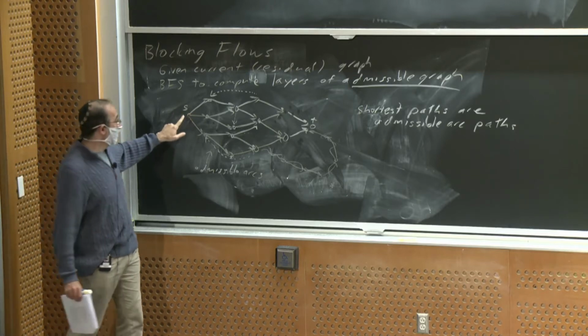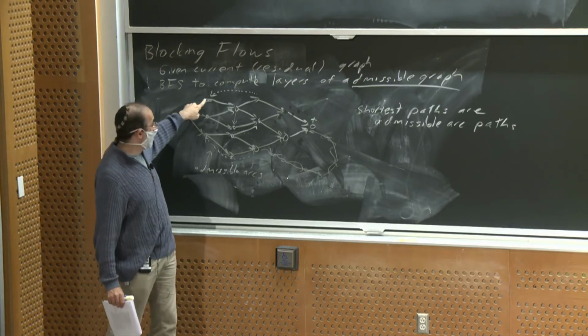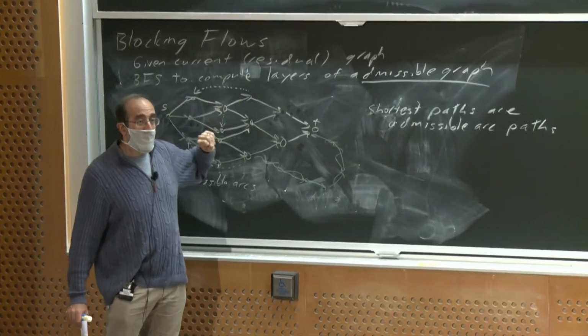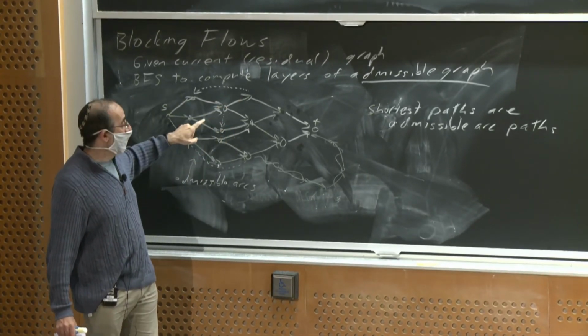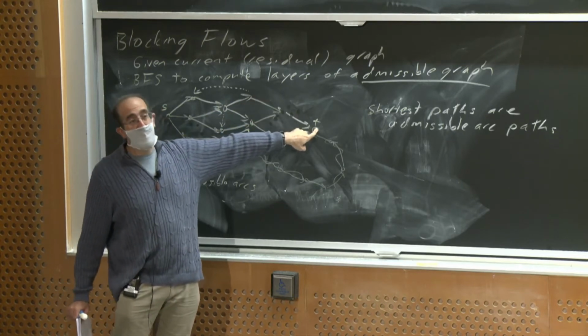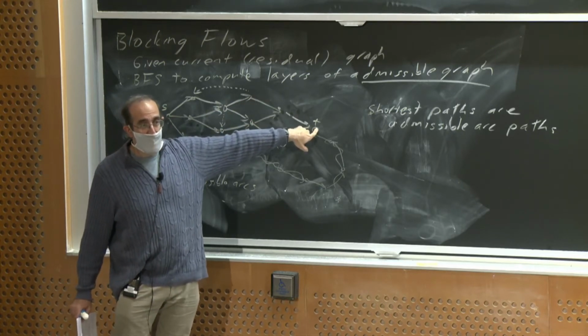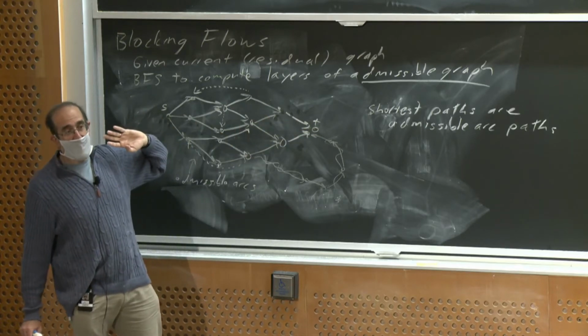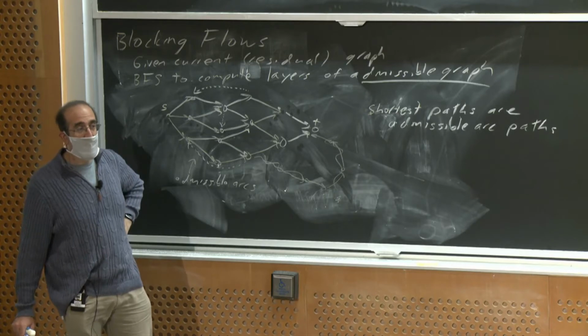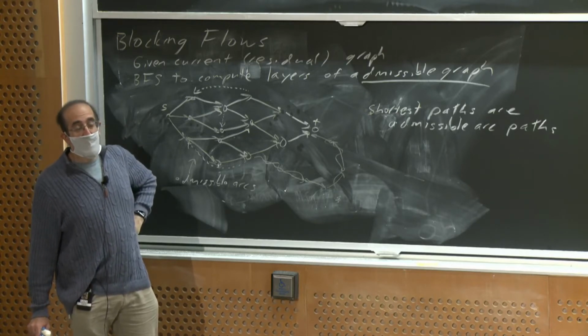DFS, right? So I start at S, and I start walking forward. And one of two things might happen. One possibility is that I'll get to T, and I'll say, I found a path. What do I do if I found a path? Well, I can't remove the whole path.